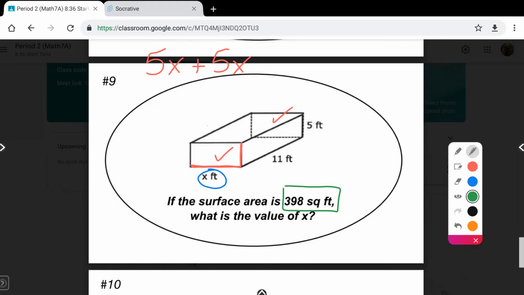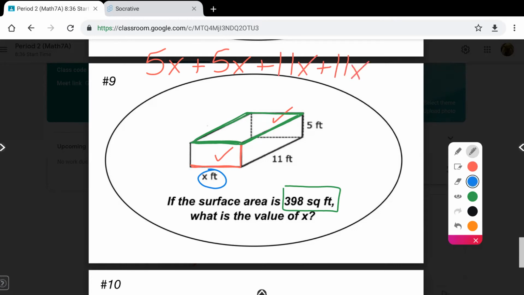Let's take a look at the top and the bottom, because we know the top and the bottom are exactly the same. So this top right here, once again, from here to here is x, and from here to here is 11. So now when you multiply 11 and x, you're going to get 11x for the top. You're also going to get an 11x for the bottom area.